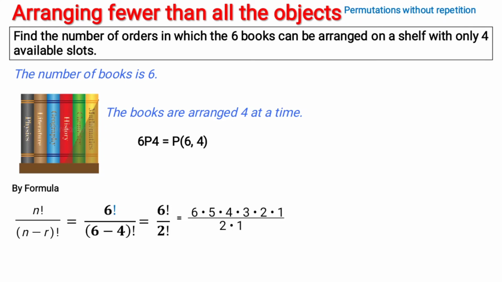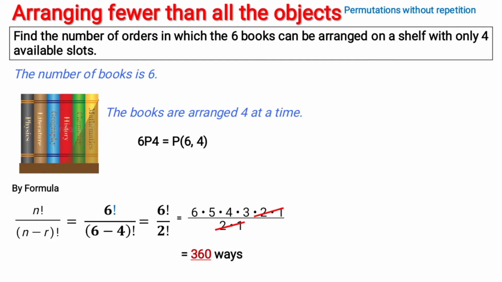And then expand 2 factorial to 2 times 1. So now we have 6 times 5 times 4 times 3 times 2 times 1 over 2 times 1. And then let's cancel out the common in the numerator and denominator, which is 1 and 2. And now we have the answer, which is 360 ways.